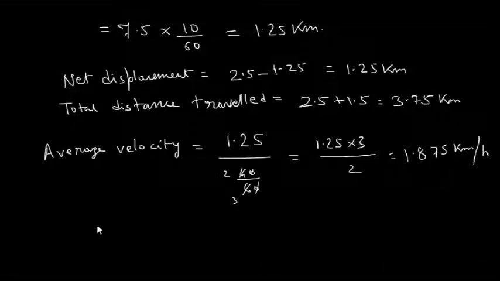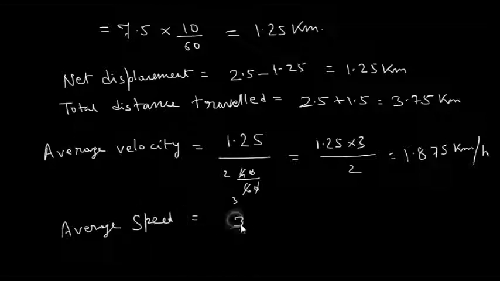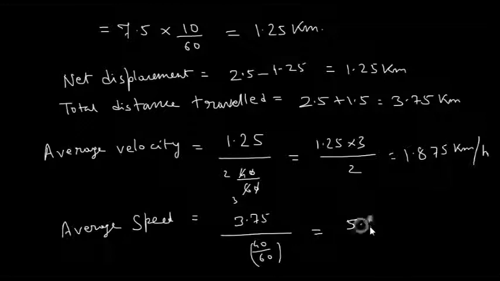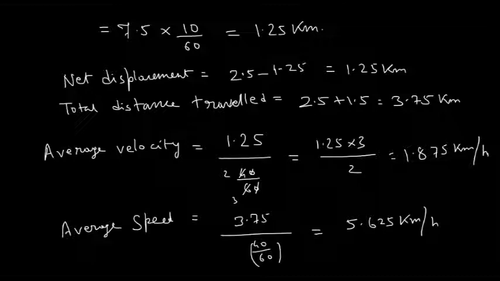Now average speed is equal to 3.75 upon 40 upon 60, which is equal to 5.625 kilometer per hour. And that's it. Now let us move to the next sum.